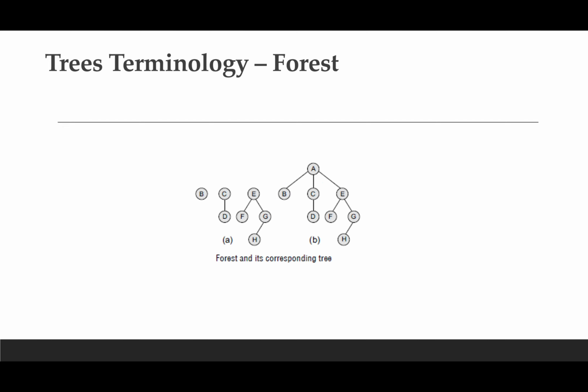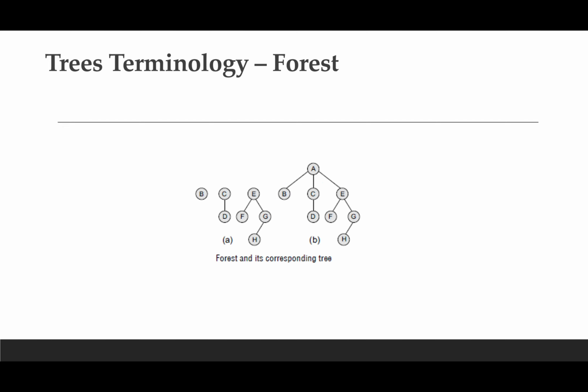The next, forest. The forest is the disjoint union of trees. A set of disjoint trees, or a forest, is obtained by deleting the root node and the edges connecting the root node to the nodes at level 1.